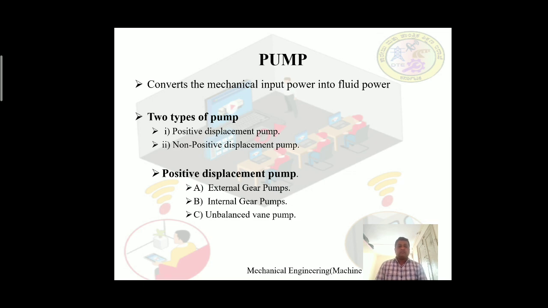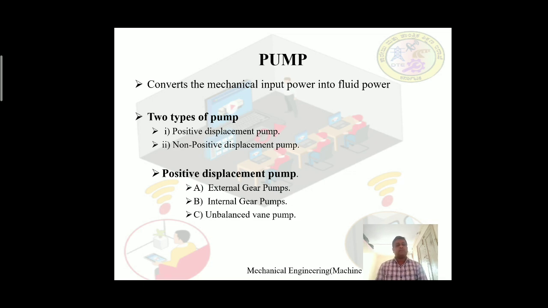Here, the pump can be classified into two types. The first one is the positive displacement pump and the second one is the non-positive displacement pump. Under positive displacement there are a number of categories, like external gear pumps, internal gear pumps, and unbalanced vane pumps.